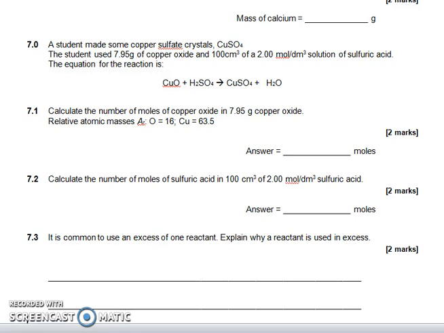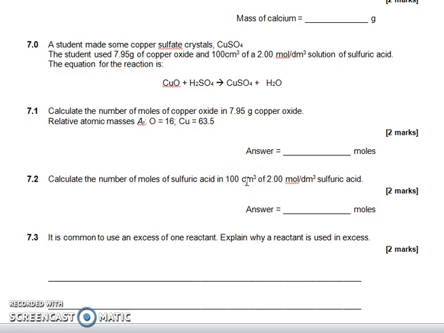On number 7.2, to calculate the number of moles, in this case we don't need the mass over Mr moles formula, we need the formula for concentration. It's actually given in the units here: 2 moles per decimeter cubed, so that's the number of moles divided by a volume in decimeters cubed. You're given a volume, but it's in centimeters cubed.